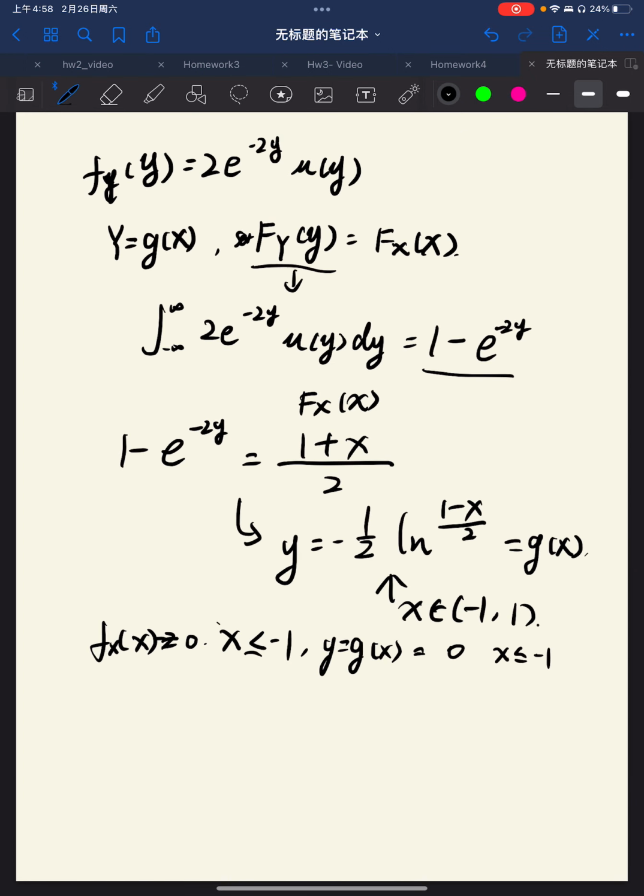And when x is larger than or equal to 1, y equals g(x) will always get closer to infinity.